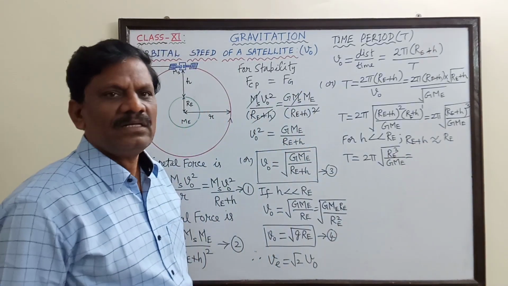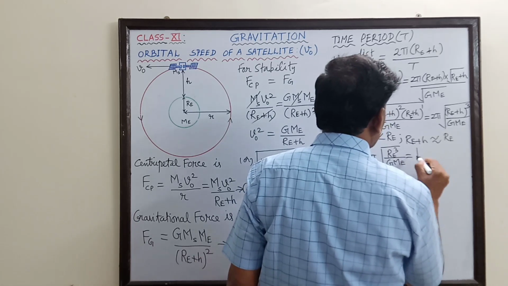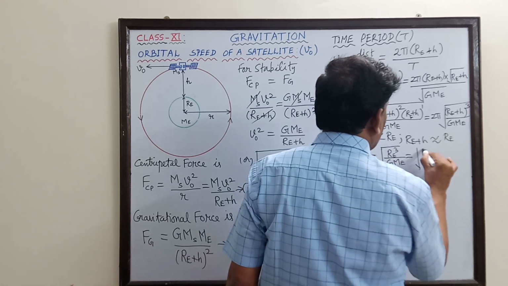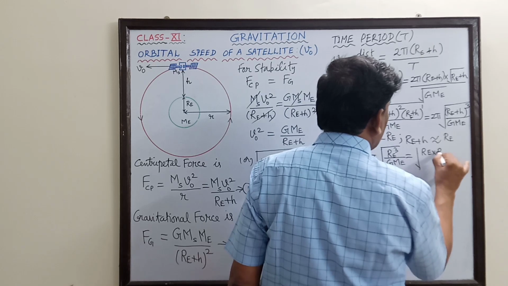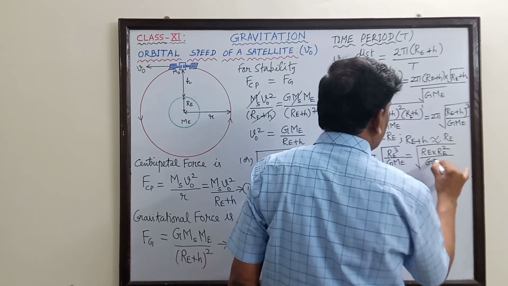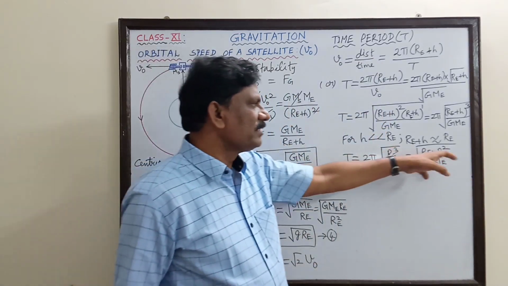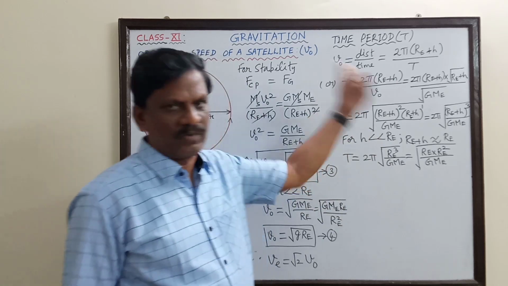Okay? So now I can write this also is equal to square root of Re into Re square divided by GME. This Re cube I split into Re into Re square.